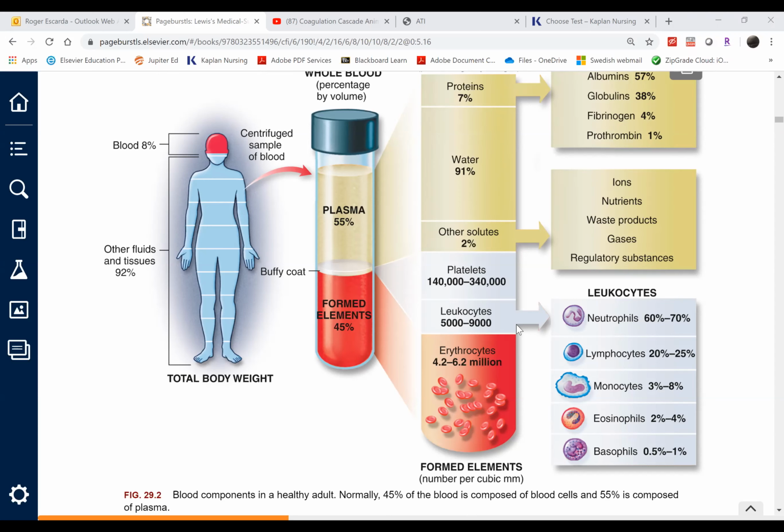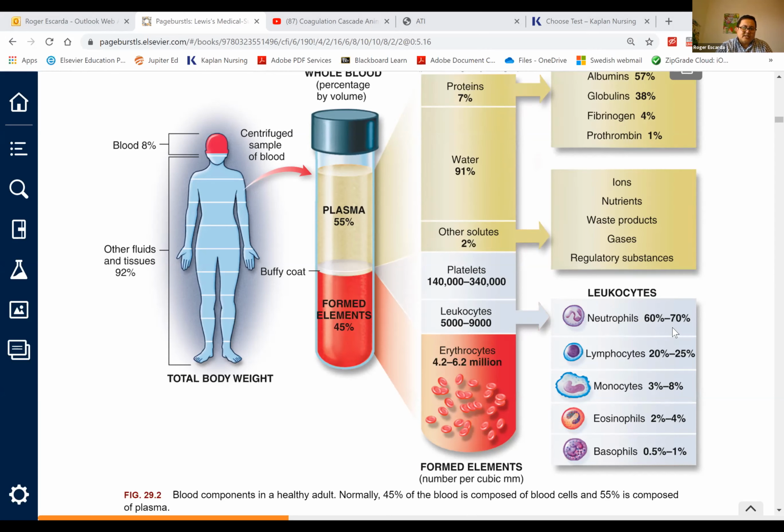There's an infection. Okay, that's not entirely true because again, there are 5 types of white blood cells. Each one has a different function. So when you have an elevated white blood cell count, it really depends which white blood cell count is elevated.